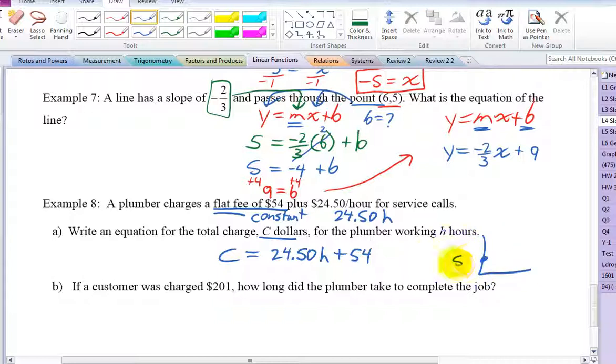You're going to have an intercept of $54, the start, and after 1 hour, you're going to go up by how much? $24.50. And in the second hour, you're going to go up another $24.50. Okay? And the same thing after 3. So you can actually graph how much you get paid.